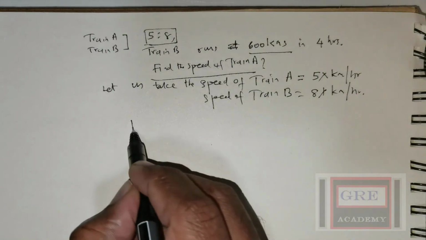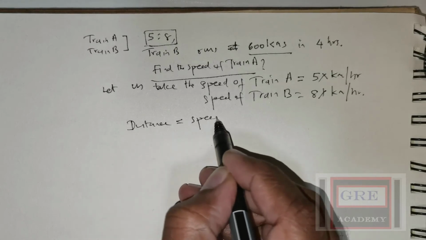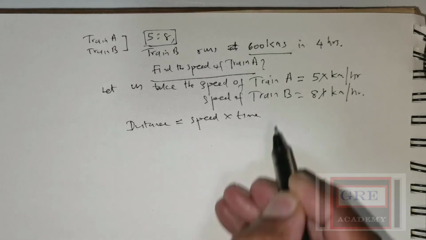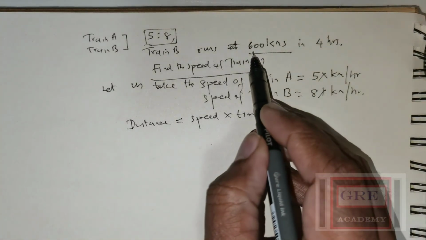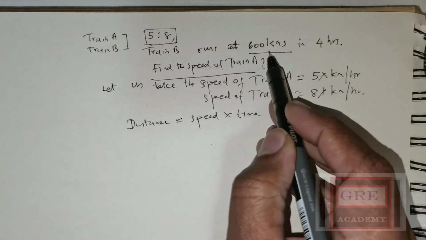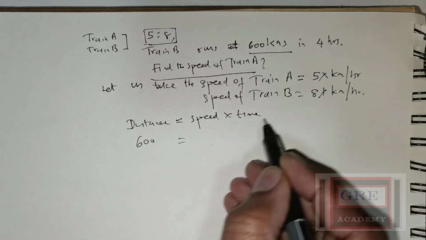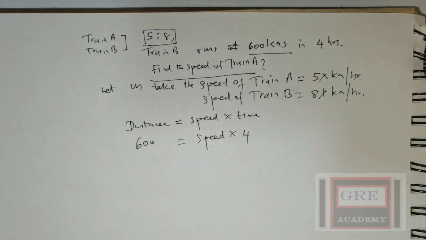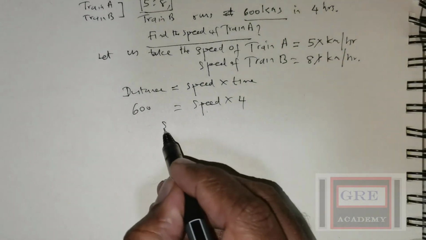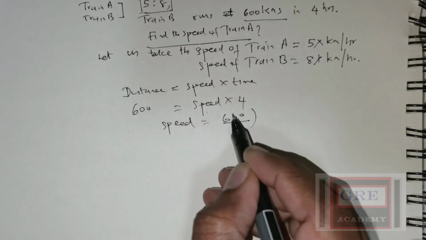Now we know the formula, distance is equal to speed into time. We are told that train B covers 600 kilometers in 4 hours. So we now have speed is equal to 600 divided by 4.